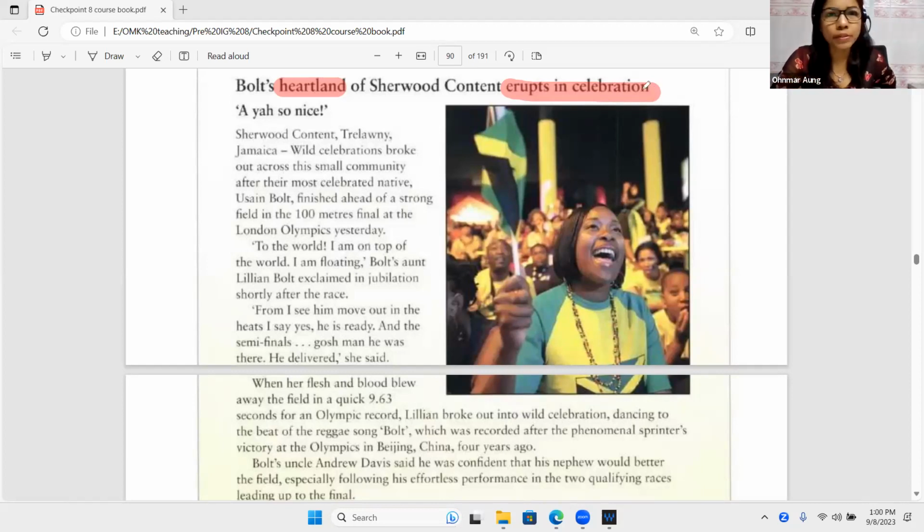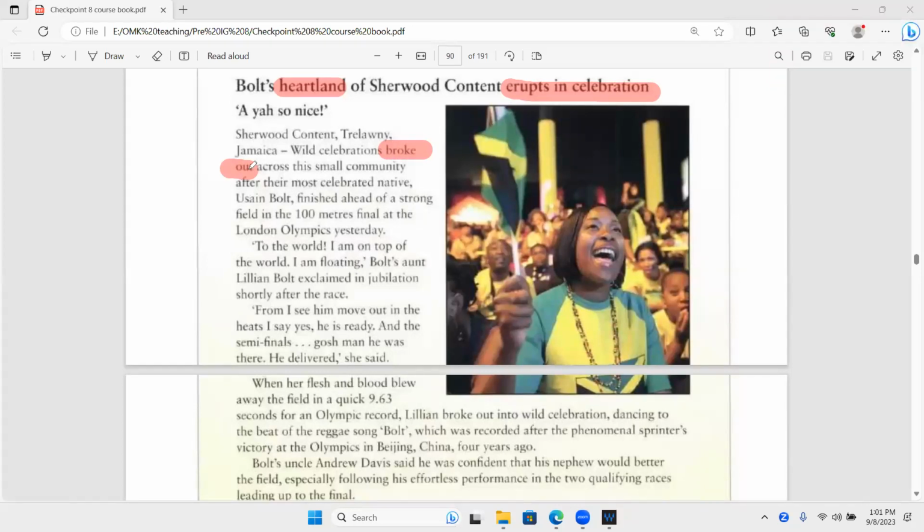In the first paragraph, there is only one phrasal verb, broke out. Everybody, what is the meaning of broke out? It came out like a crowd broke out. A crowd came out all of a sudden. Happened. Here, broke out means happened.